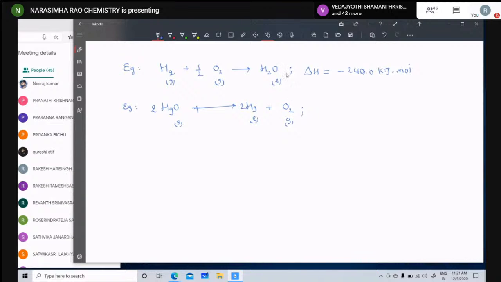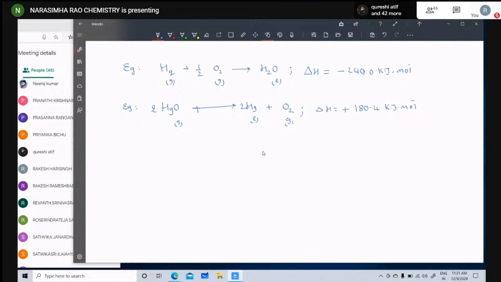For this reaction, at the end of the reaction, the delta H is separated by a semicolon, children. Remember, delta H is equal to plus 180.4 kilojoules per mole. It's clear now? It's clear.